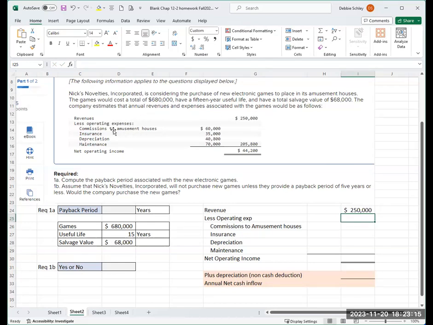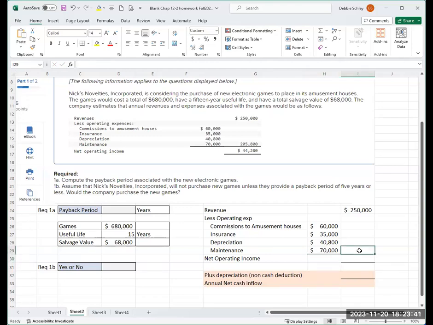And then my commissions to amusement houses is $60,000. My insurance is $35,000. Depreciation of $40,800. Maintenance is $70,000.